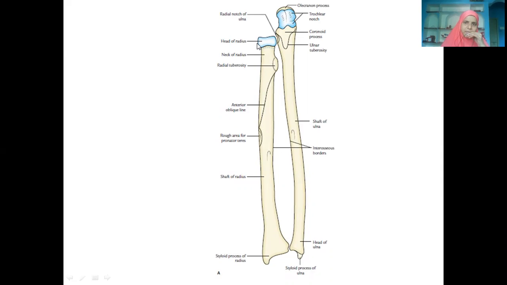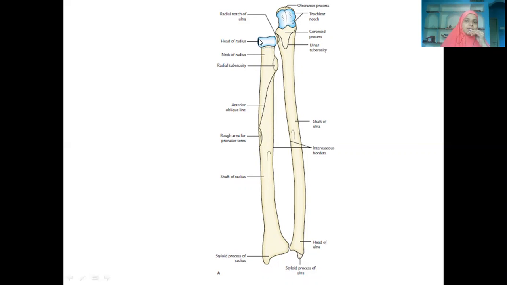So the upper end of the radius is round, and superiorly you will see it showing one notch, a depression like this. If you remember yesterday's bone, the humerus, at the lower end of the humerus, on the lateral aspect, we had a head-like projection which I said was the capitulum.